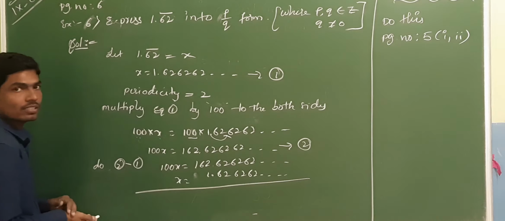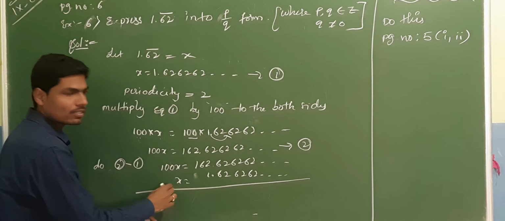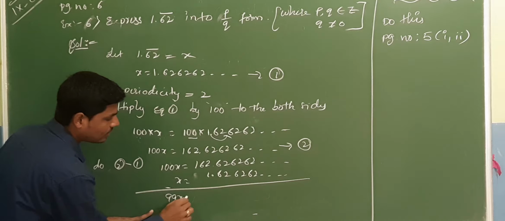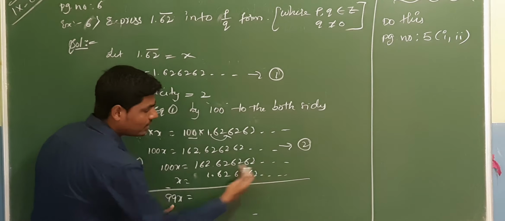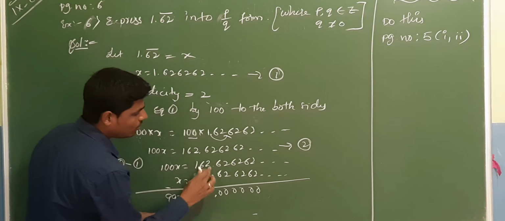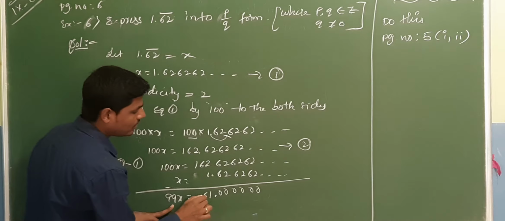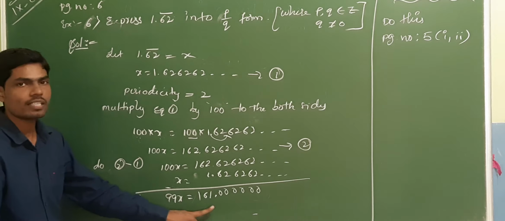If you subtract 100x minus 1x, you get 99x is equal to, with the subtraction starting from this side, 0 0 0 0 0 0 point, 2 minus 1 is 1, 6 and 1. So you get 99x is equal to 161.